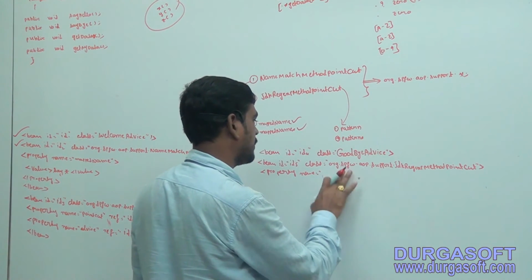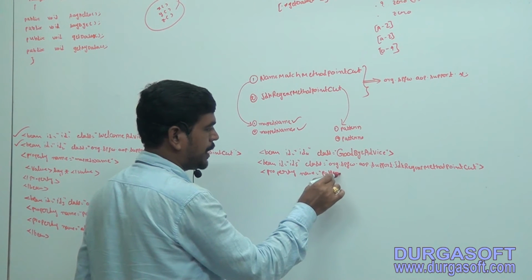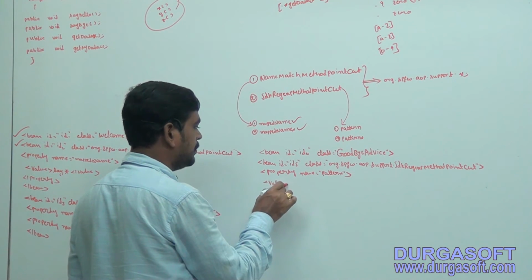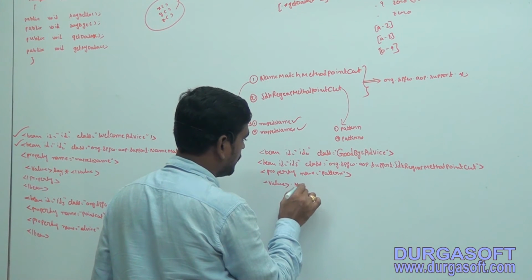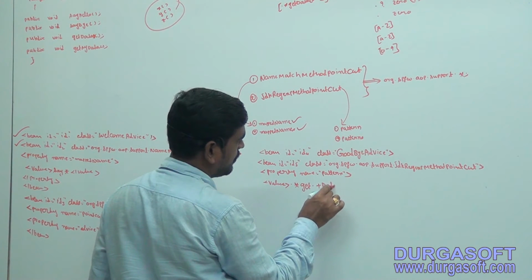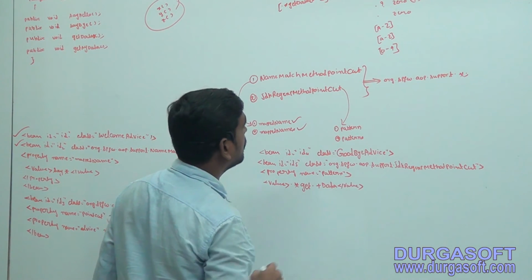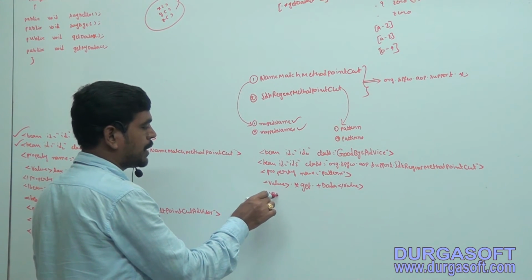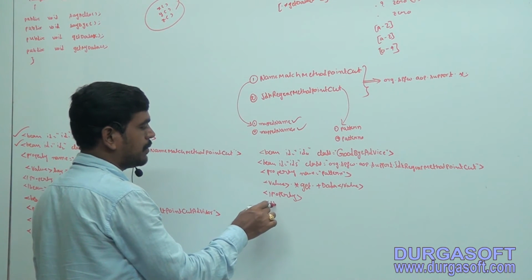Pattern. The next, value. Now we can take a regular expression: .*get.+data. Like this we can take. Then close the property, then close the bean.